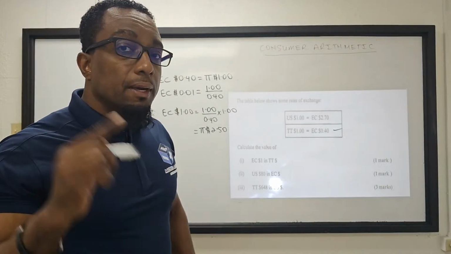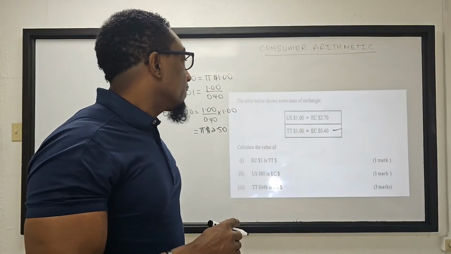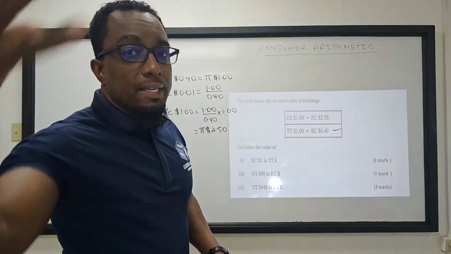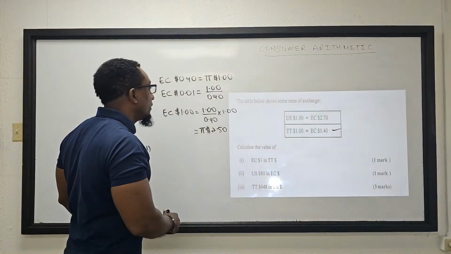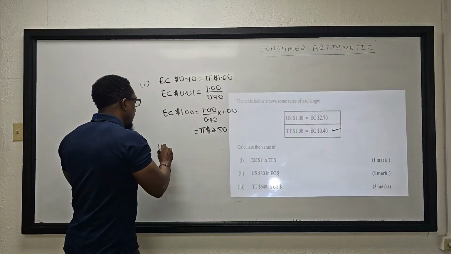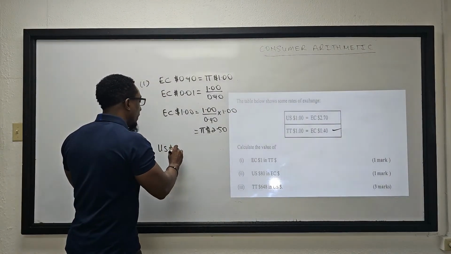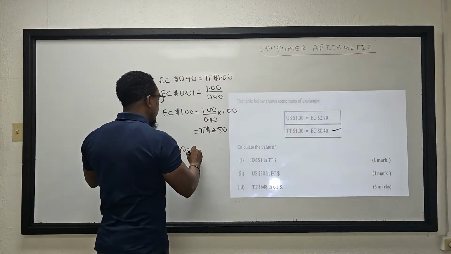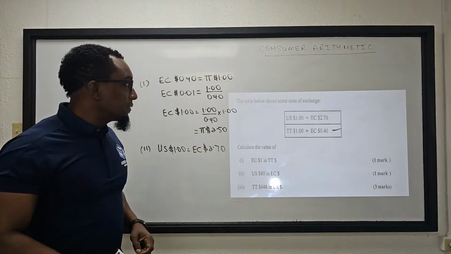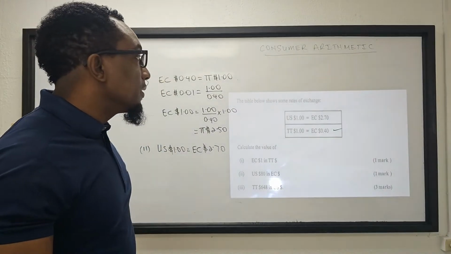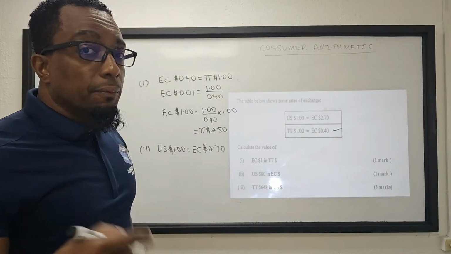And remember, what you have to convert to is always on the right of the relationship. So let's use what we have, the conversion rate. So we know that US $1 is equal to EC $2.70. You know 1 US is equal to that amount of EC. So therefore, what is 80 US?